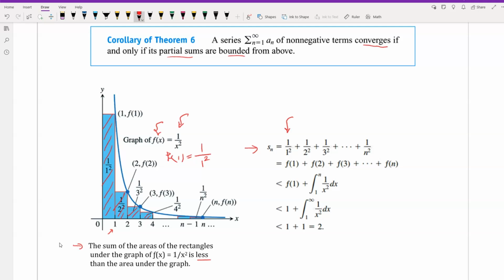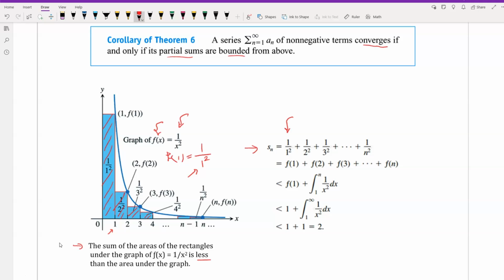Adding all these, that is less than f of 1 plus the integral of 1 over x squared dx from 1 to n. So that is less than f of 1, which is 1 because we have 1 over 1 squared, plus the integral of 1 over x squared times dx from 1 to infinity.